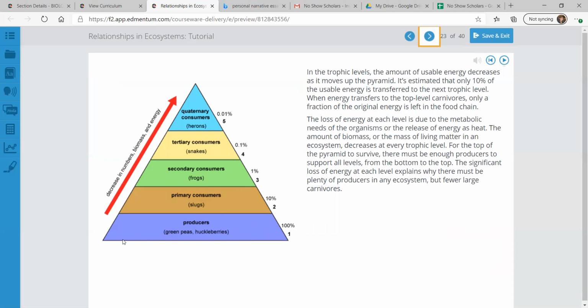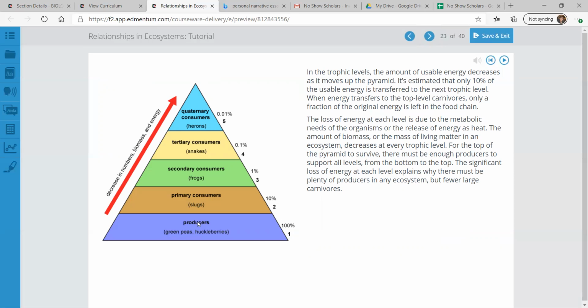The lowest, the largest, is 100% usable energy, and then that gets smaller and smaller as it gets lost. And it's estimated that only 10% of the usable energy is transferred to the top level carnivores, or to the next level.